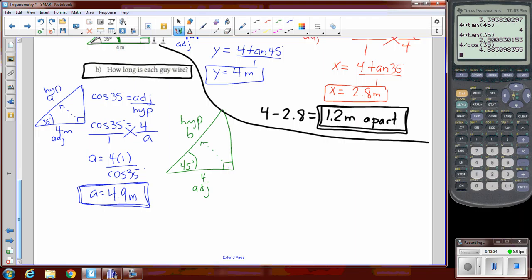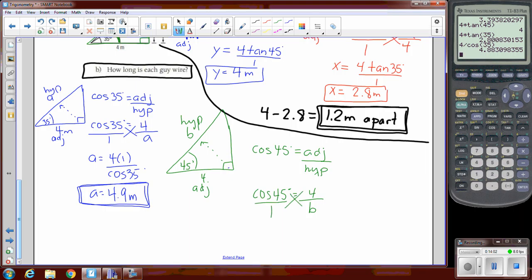So again, this would be cosine, but now cosine of 45 degrees because it's a different angle. So this is adjacent over hypotenuse. The cosine of 45 degrees. Oops, that's a 5. Let me clean that up. The cosine of 45 degrees. The adjacent is 4. The hypotenuse is B. Put it over 1.